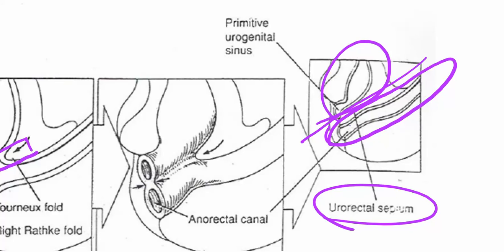So quick question. What is Meckel's diverticulum? Yeah, outpouching. Outpouching of what? Ileum. Okay. Specifically what on the ileum? The vitelline duct. That's right. What is a vitelline cyst?